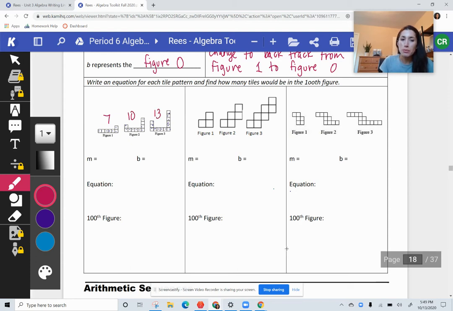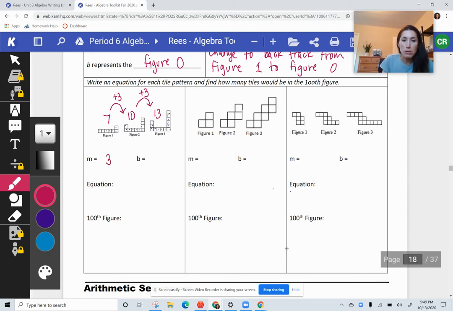So what we want to know is what is the increase or decrease from one tile pattern to the next. So here we have an increase of 3. 7 plus 3 is 10. And that's remaining consistent here. We can also add 3, and we're getting 13. Okay, so when we're looking for m, or our rate of change, we know that our rate of change is an increase of 3, positive 3.